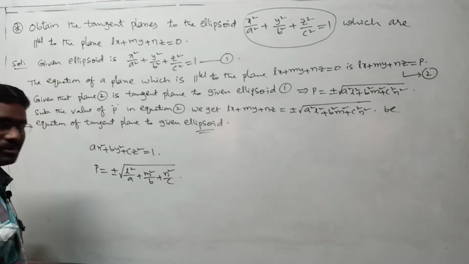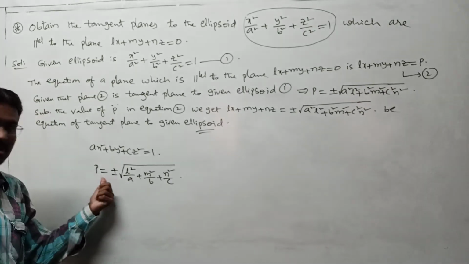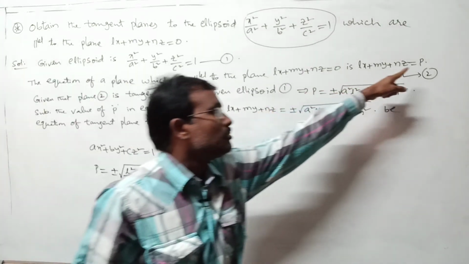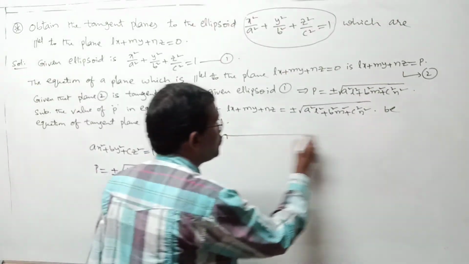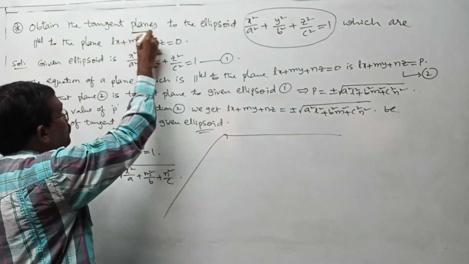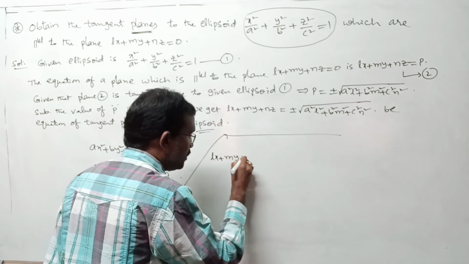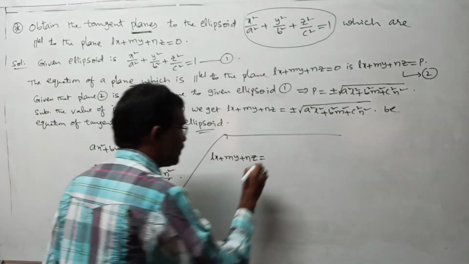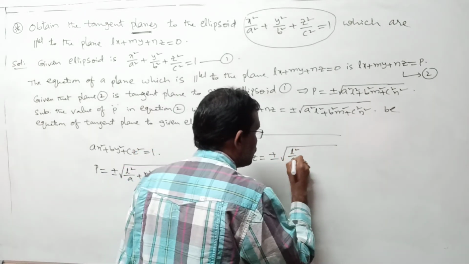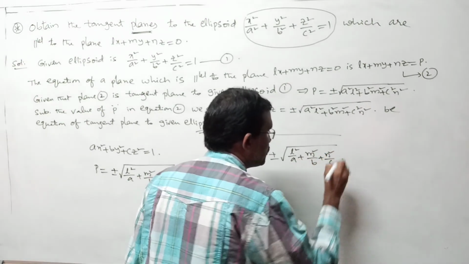Understood or not? This we did after theorem number 2, where I defined this condition. Substitute this P value here and you get your plane. There are two planes, since there is a plus or minus, and that is why they are giving the plural word planes: Lx + My + Nz = plus or minus the square root of L²/a + M²/b + N²/c.